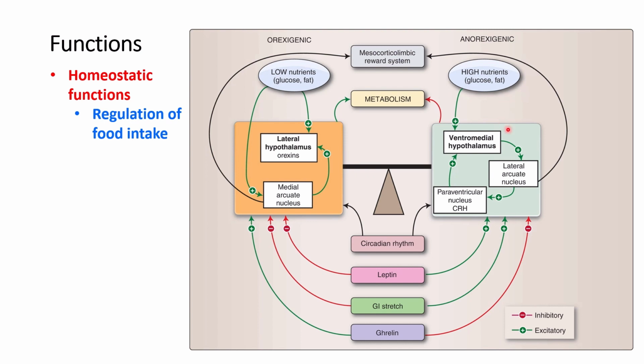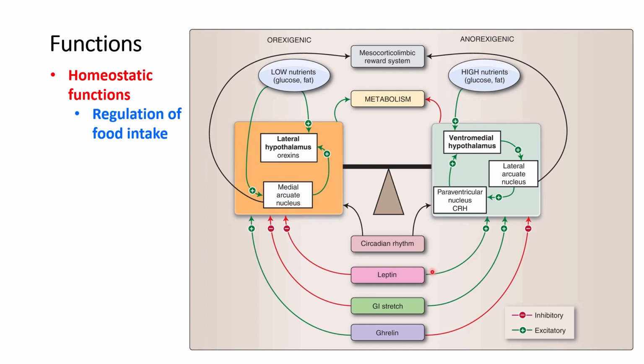So these are controlled mainly by the ventromedial hypothalamus, but also the lateral arcuate nucleus has some responsibility there, and corticotropin releasing hormone that will keep the glucose level high. That is another one that is released, and it is the satiety center, to make sure that the person does not eat too much.